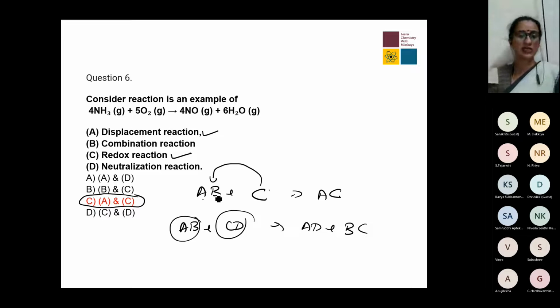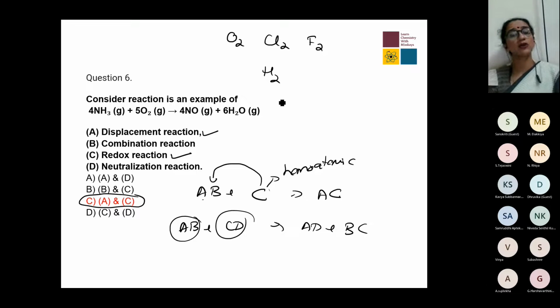and single displacement or simple displacement will occur when you just have a compound reacting with either a homoatomic molecule. So homoatomic meaning one molecule with the same kind of atom. So O2, Cl2, F2, H2, these are all homoatomic molecules. Why are they molecules?